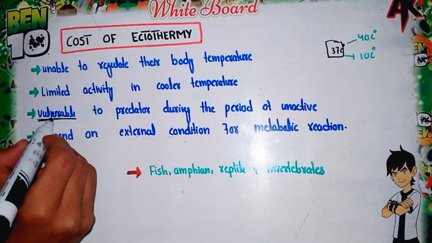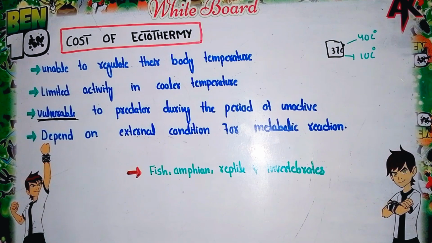A predator can easily attack these organisms. The last cost of ectothermy is depending on external temperature for metabolic reactions, as we have already discussed in the definition. These organisms mainly depend on the external temperature to gain heat. When they gain heat, their body temperature is regulated, and then they undergo specific reactions and do different types of daily activities.